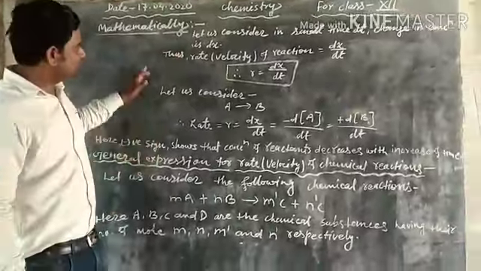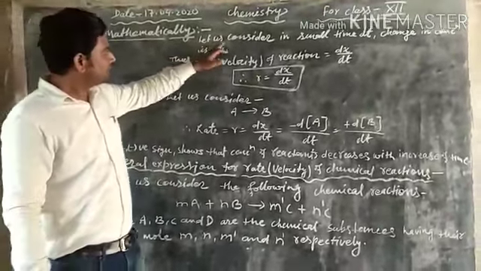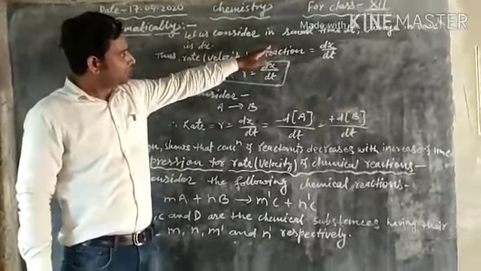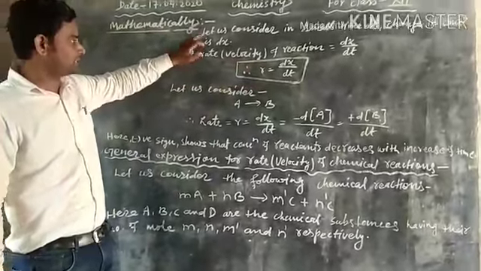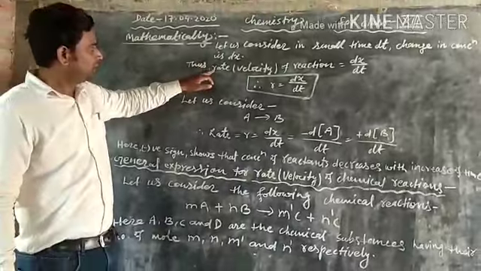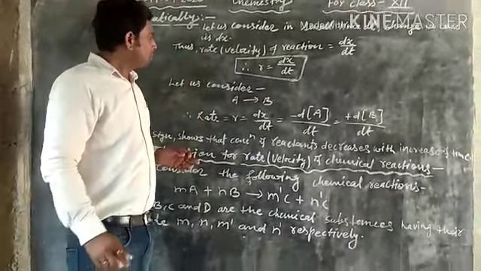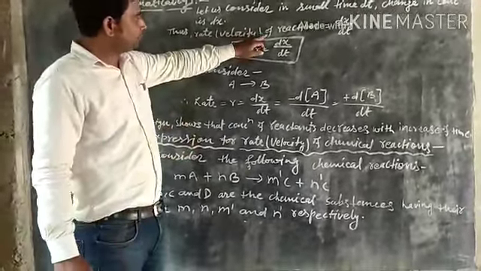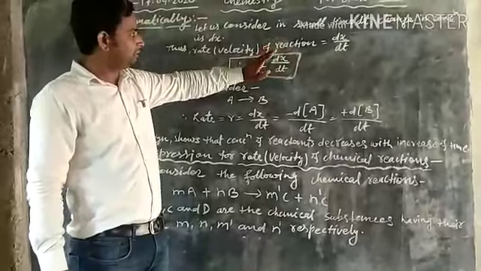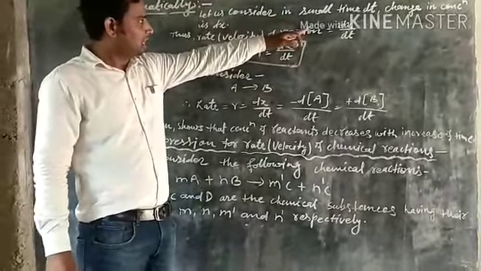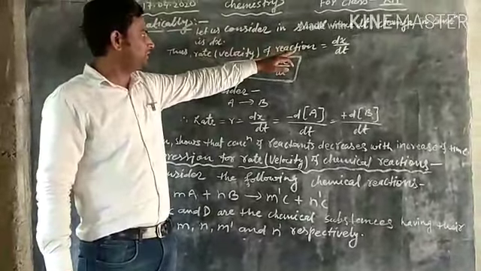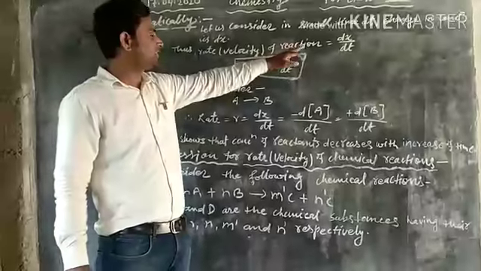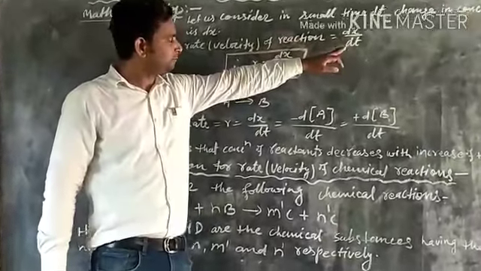Expression for rate of reaction. Let us consider a small time dt and change in concentration dx. Then the rate or velocity of reaction equals dx by dt, because we consider the change in concentration as dx and the small time as dt, and we know the rate of reaction is change in concentration by time interval.